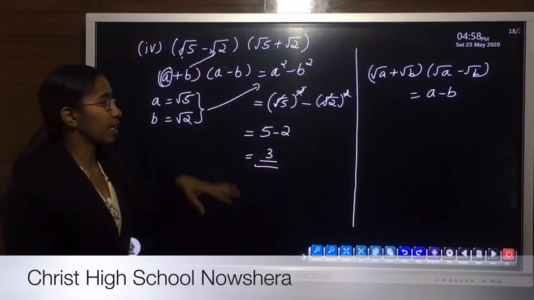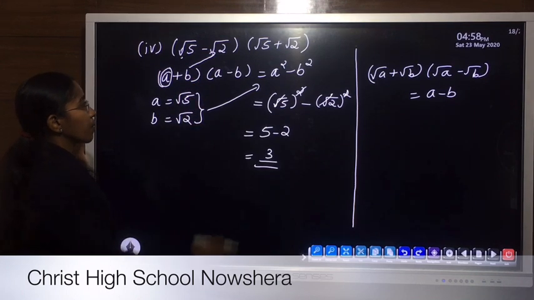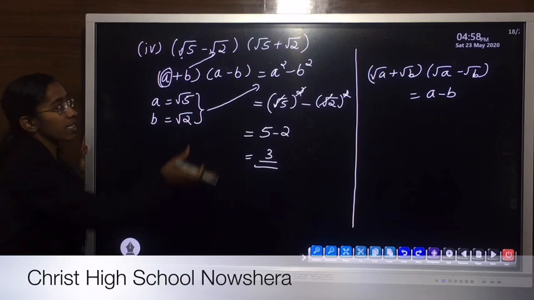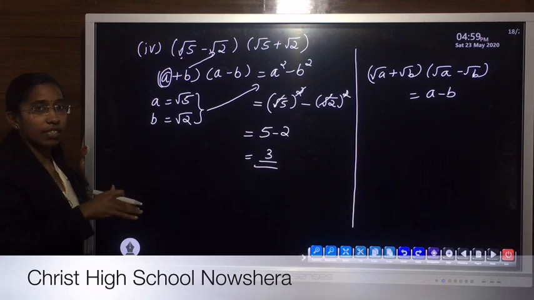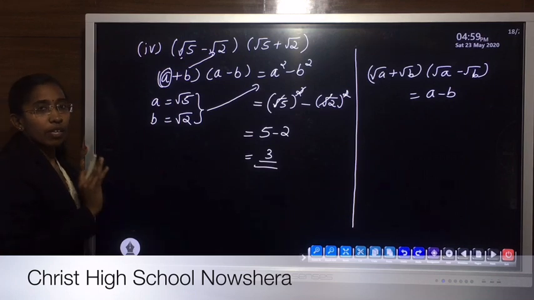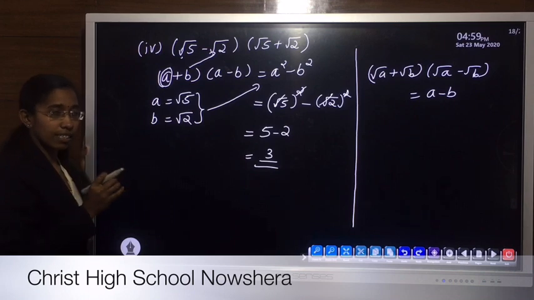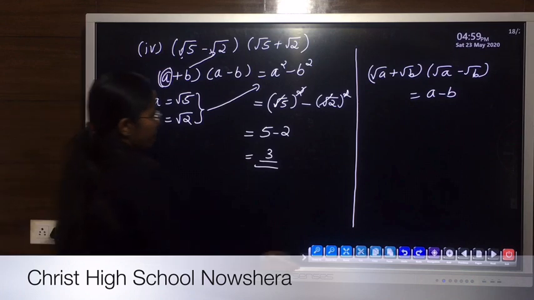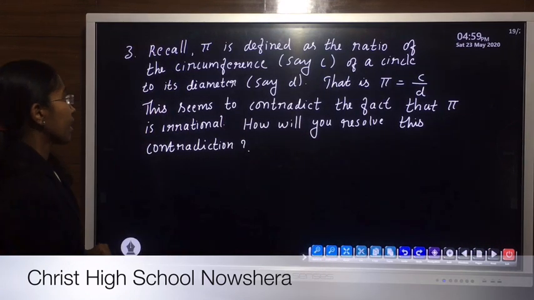Both equations are correct, and this is a little more easy one. In all questions, you just substitute this equation and find what is a and what is b. That is the only one process. You have to find what is a and what is b. Is it root 1 or simply number?